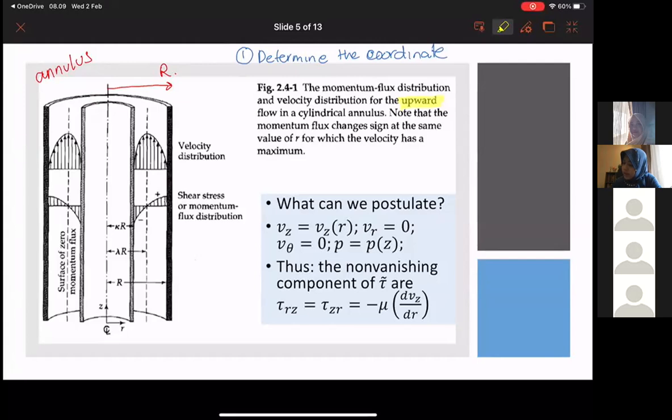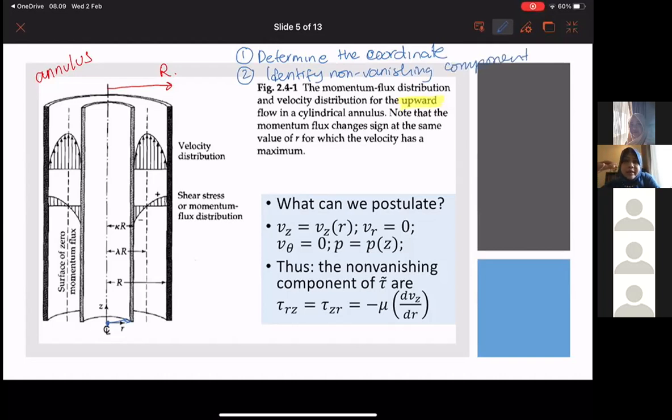Okay, so this is the coordinate: r for the radial direction, and of course z for the axial direction. After we determine the coordinate, we can identify the non-vanishing components.